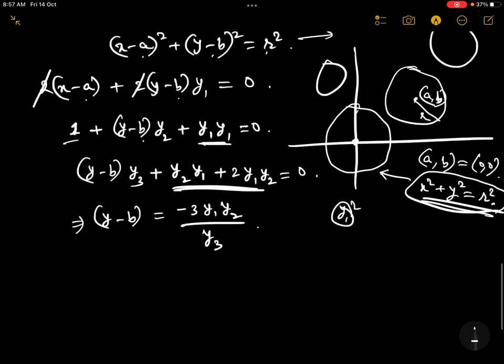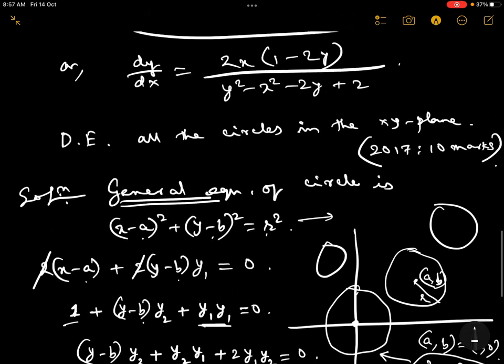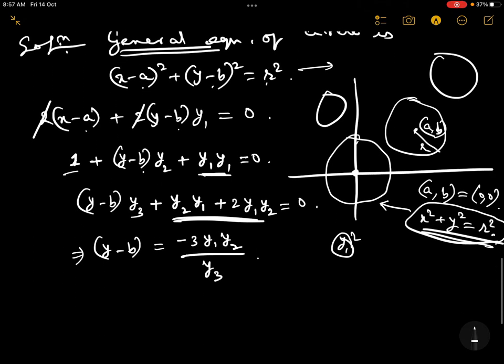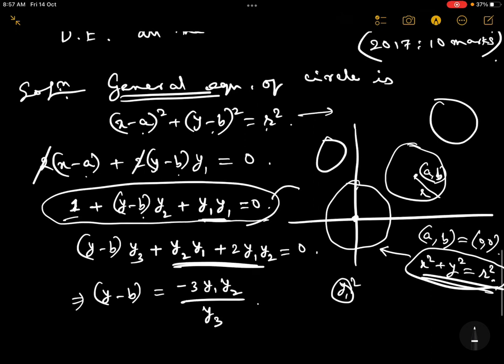And let us now substitute this in which equation? Rather this equation, equation A, let's say.